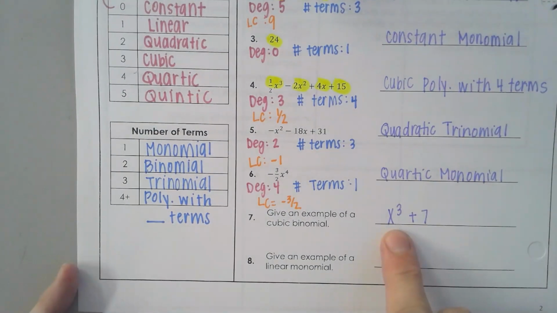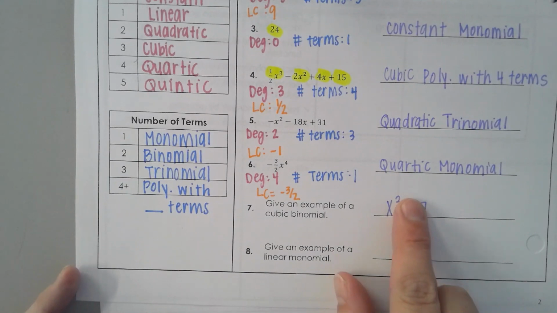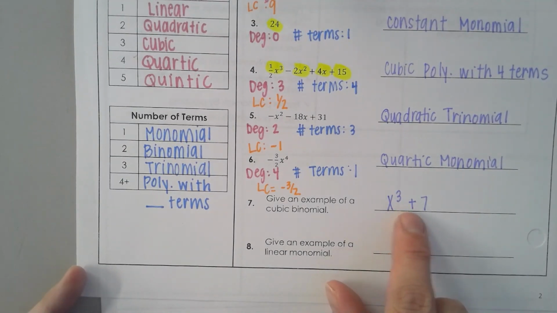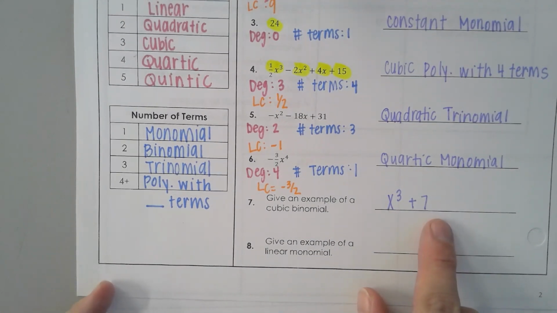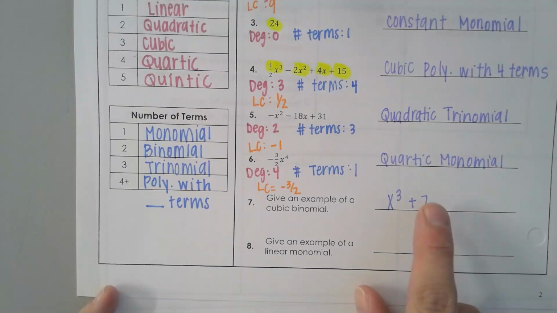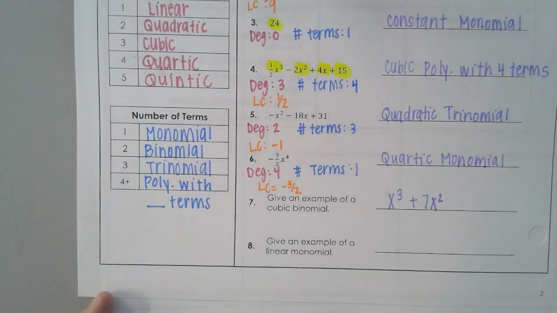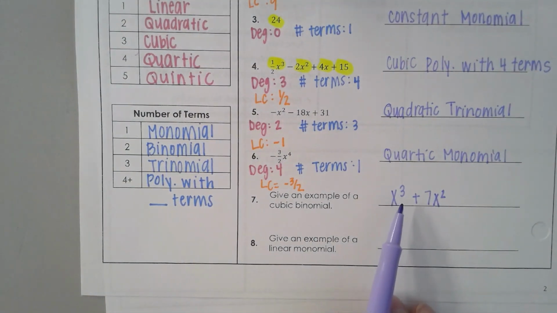As long as you have an x to the third, it could have a number in front of it, that's fine. And then plus or minus something. Now whatever you add or subtract, if it has a variable, it cannot have an exponent bigger than 3. So I could make this x squared, and that's fine, because the largest exponent is still 3.